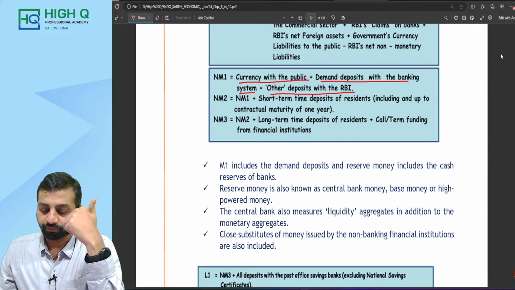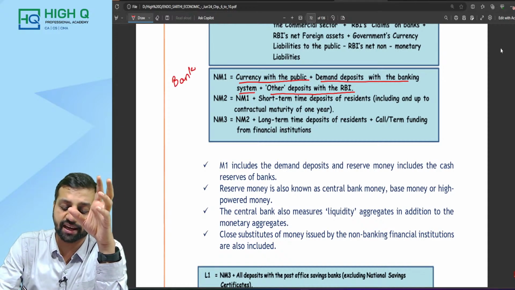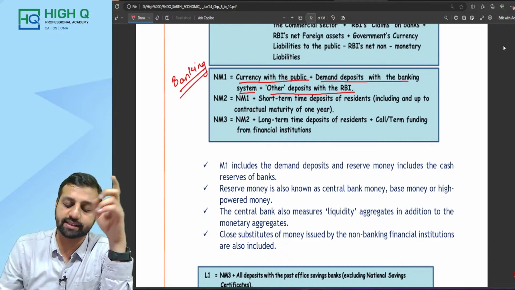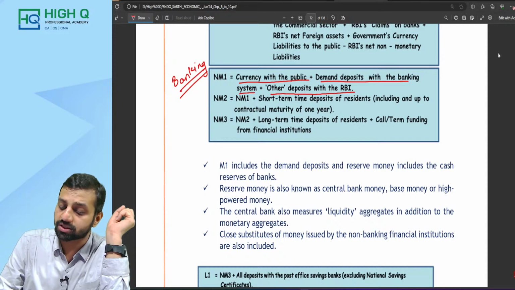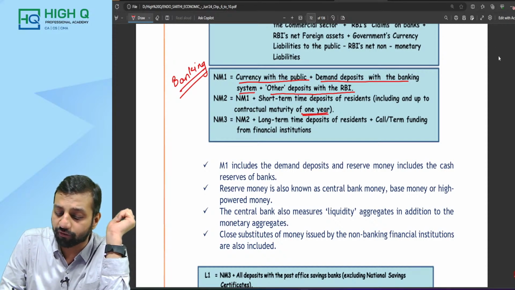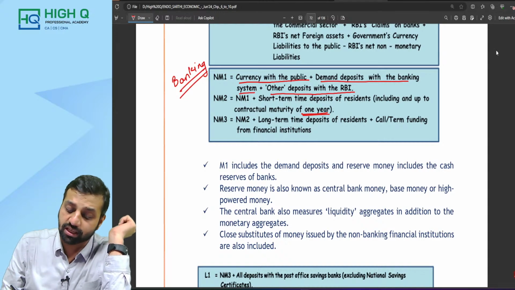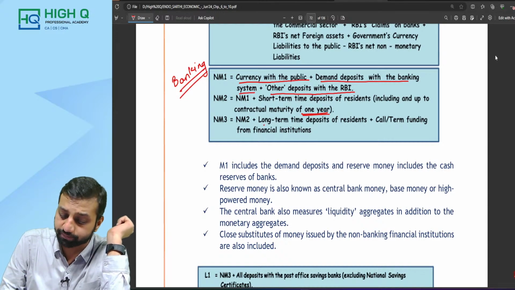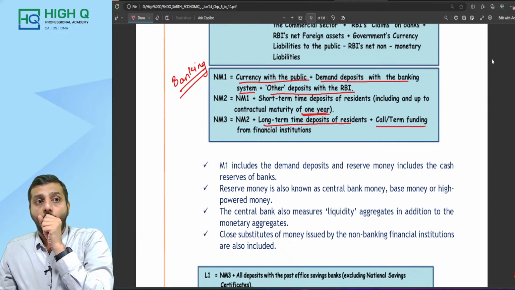Then NM2, as I told you, new monetary aggregates only includes banking system. So NM1 plus short-term deposits of residents up to a period of 1 year. And NM3 is NM2 plus long-term plus call or term funding.